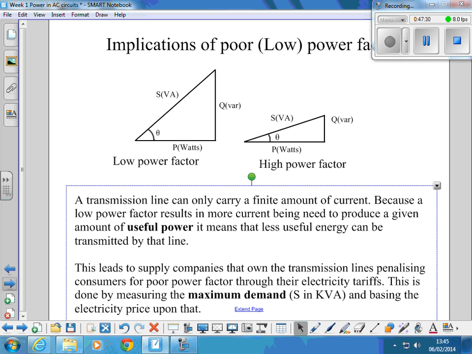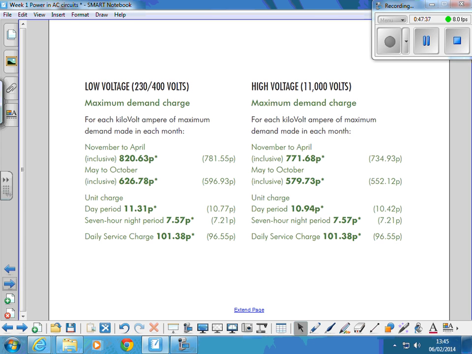And I had a little search on the internet, and I got a table for an electricity company on the island of Jersey of all places. Just as an example, on a low voltage 230/400 volt supply, they make a maximum demand charge of 820 pence per kilovolt ampere of maximum demand.